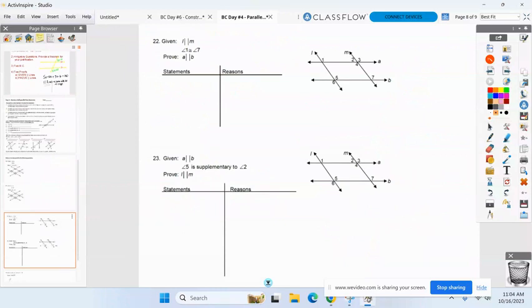Everyone's good? Can you stay on number 22 for me, please? I want to talk about 22. Just a reminder, because we haven't done these since Thursday. Tomorrow, when you're asked to prove a pair of lines parallel, first thing I'd like you to do is find the pair of angles that make them parallel. I'm not going to have a little text box for you tomorrow to write them in.